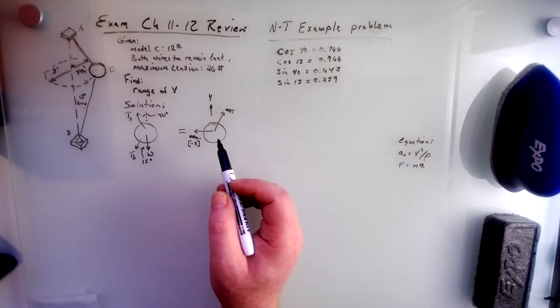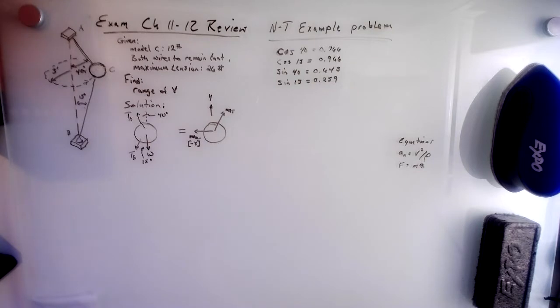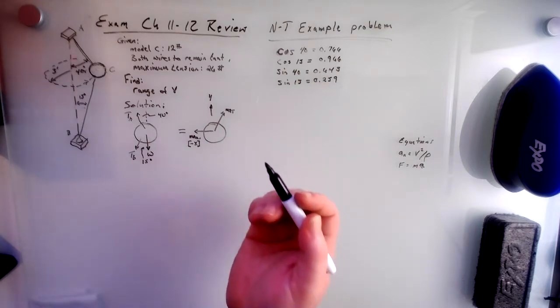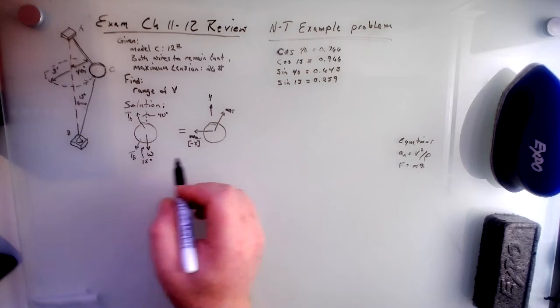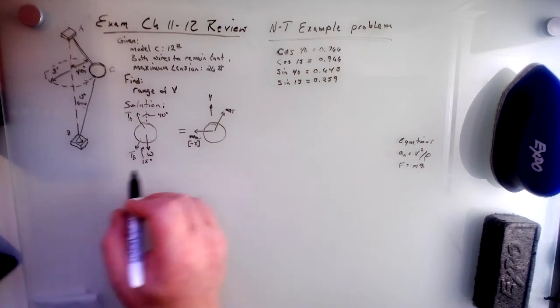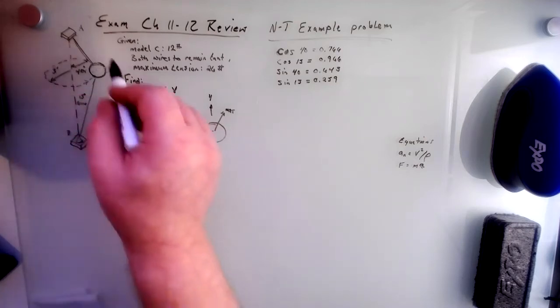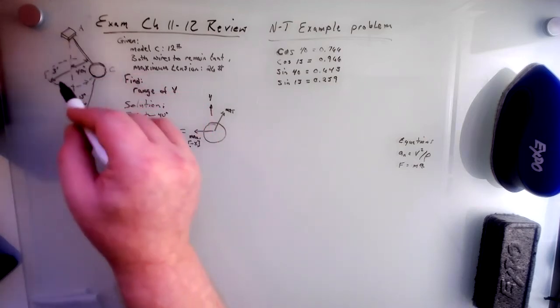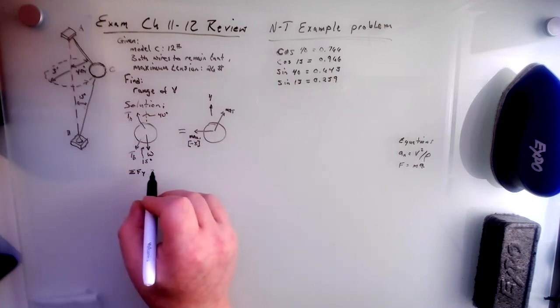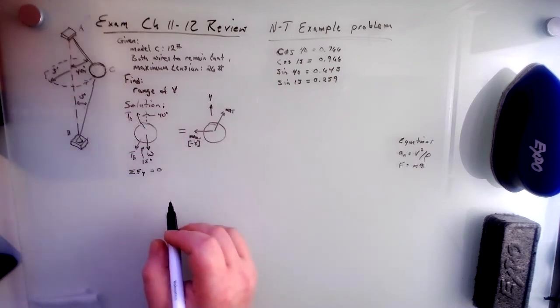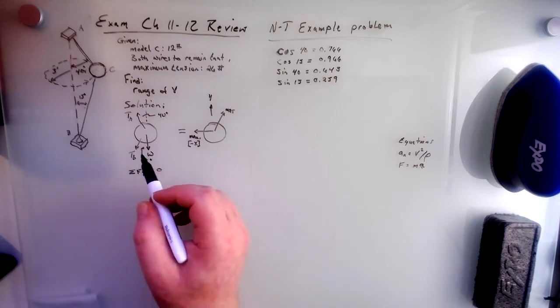So let's start with a sum of the forces in the y direction. Now there's no motion in the y direction, right? Because it's circling around this. So the sum of the forces here is going to be 0. And what are these forces?